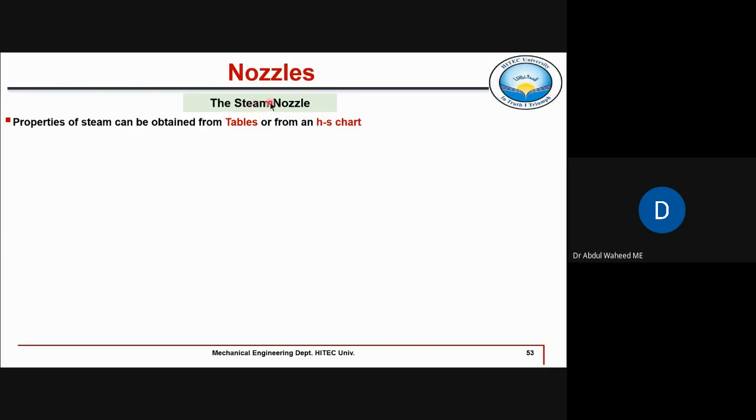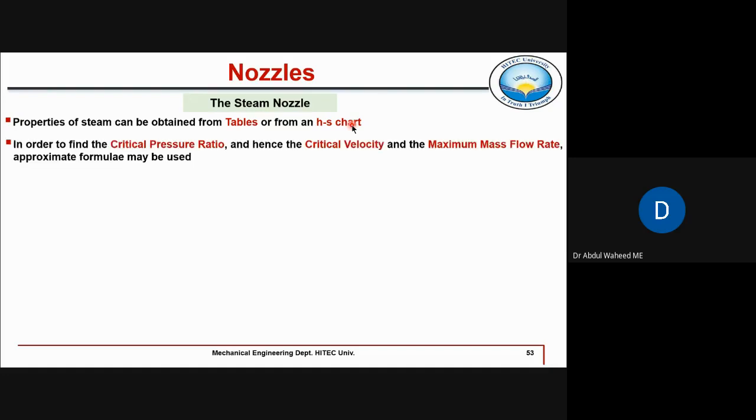So for steam nozzles or for steam calculations, we know the thermodynamic properties of steam can be obtained from tables or from the HS chart if it is available. So to find out the critical pressure ratio or critical velocity or maximum mass flow rate, the formulas which we have already derived for ideal gas can also be used for steam, like this one.